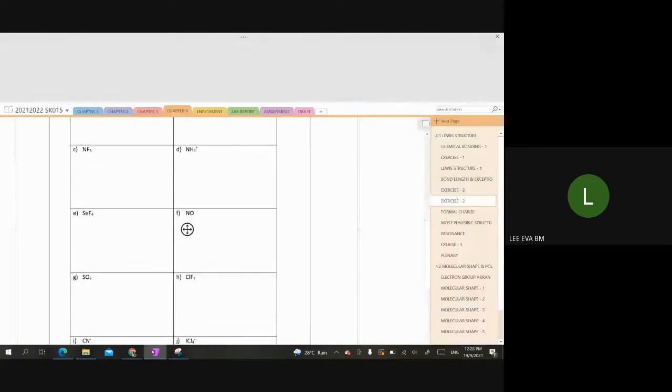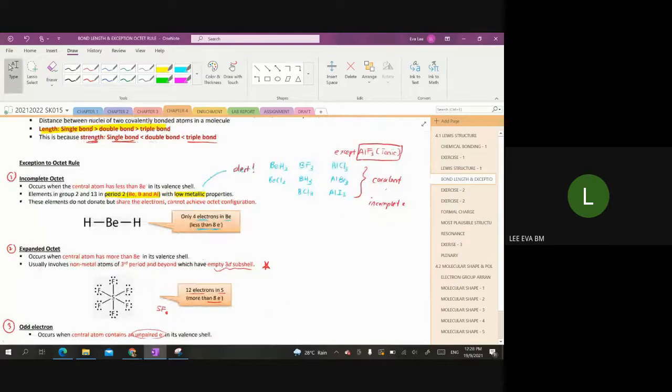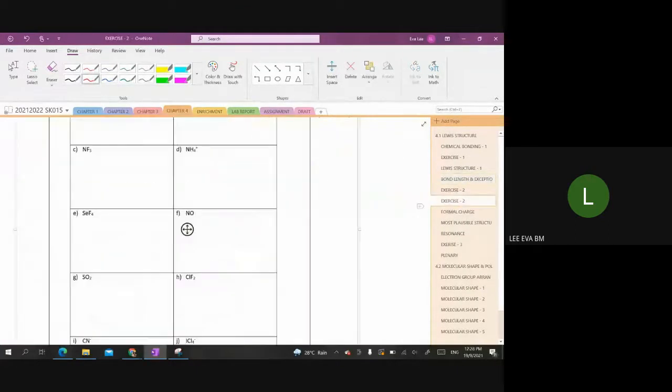Just now it was also very clear already. Expanded octet depends on period, as long as you are period 3 and above. If it is period 3 but group 17, it can still do the expansion. So it depends on period, and not on the block.